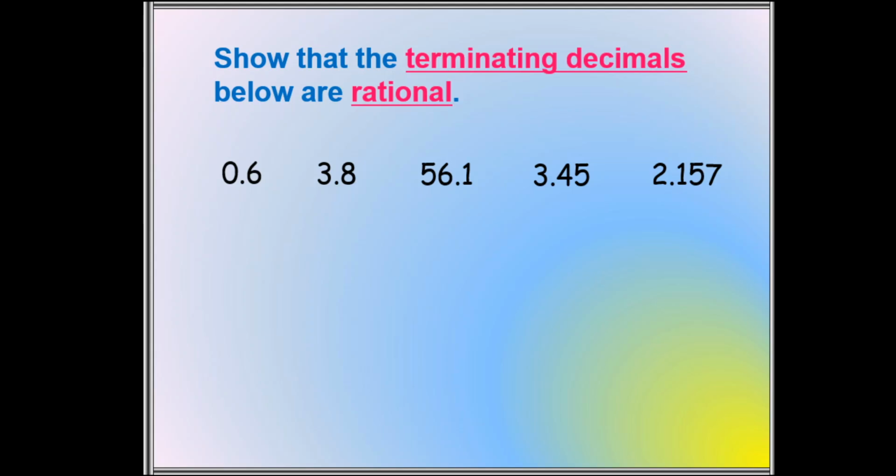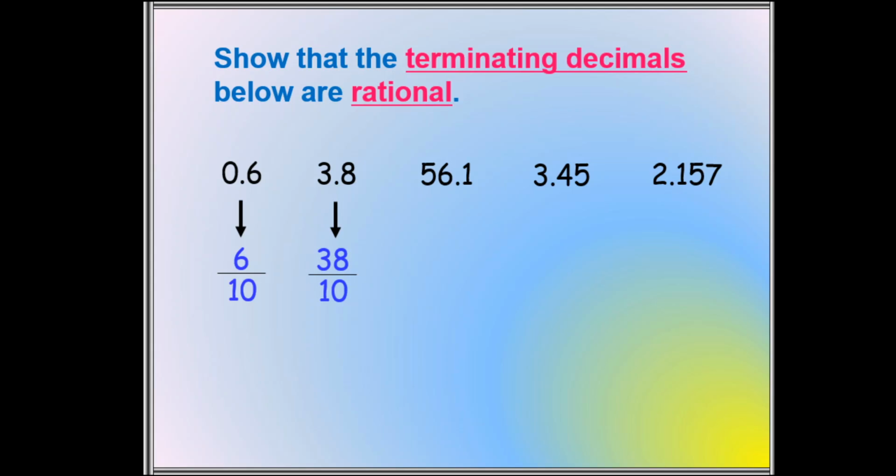Now your turn. Show that the terminating decimals below are rational. Now remember, if you're going to show numbers as rational, all you have to do is write them as fractions. So 0.6 would be equal to 6 over 10. What about 3.8? Right, it's 38 over 10.